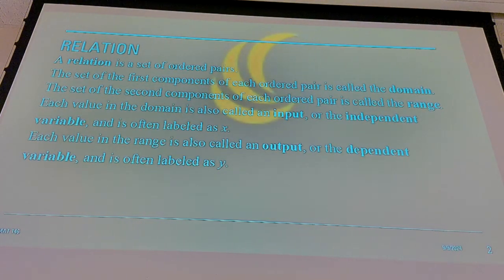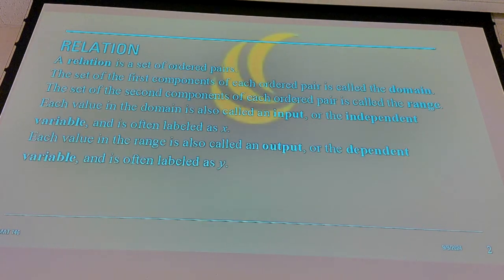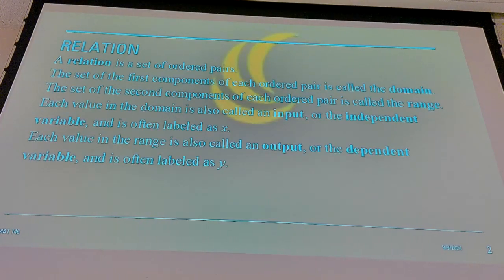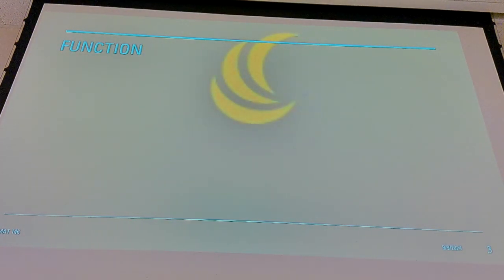So you've been working with relations since pre-algebra, actually. We now take it a step further, and look at what's called a function. So you've also worked with functions in algebra, but they didn't call them that.